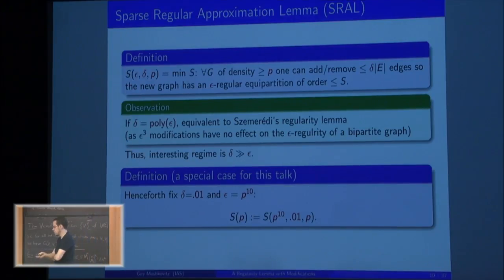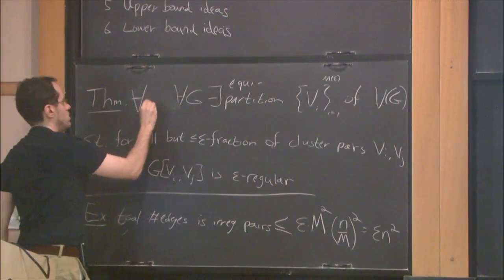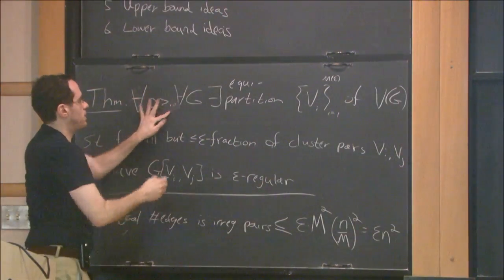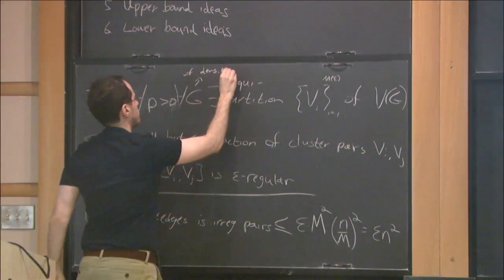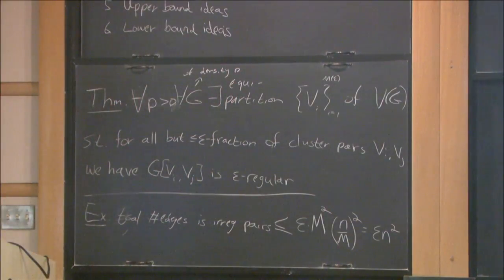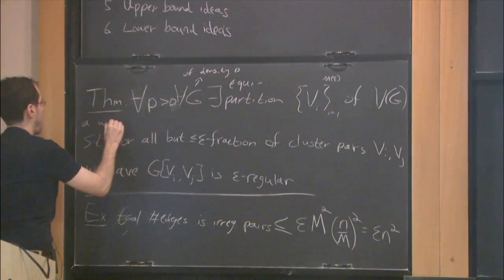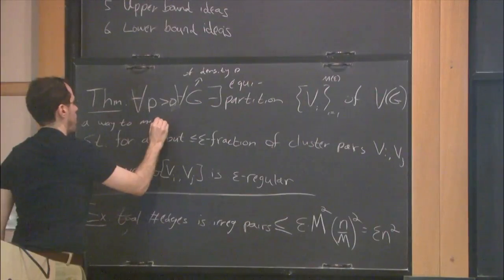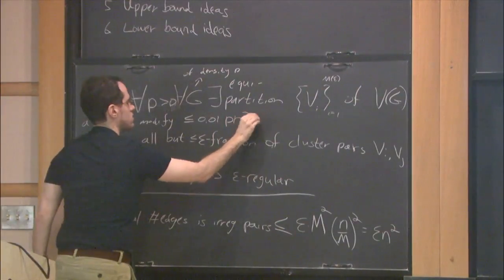So let me be slightly more formal and modify the statement of the regularity lemma to get the statement of SRAL with S. So now there's no epsilon. I fix epsilon. For every p and for every graph of density p, there exists an equipartition and a way to modify at most 1% of the number of edges of the graph.